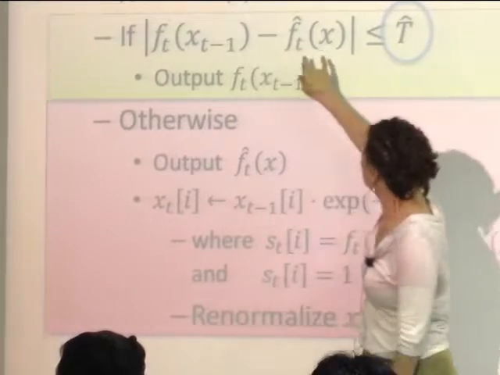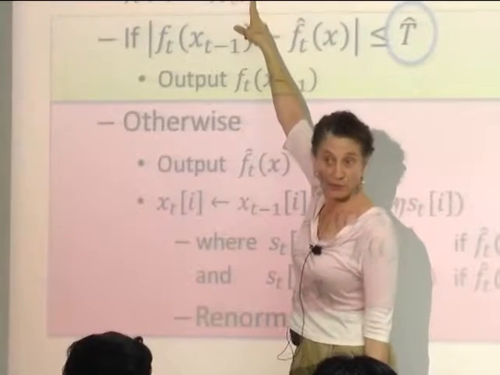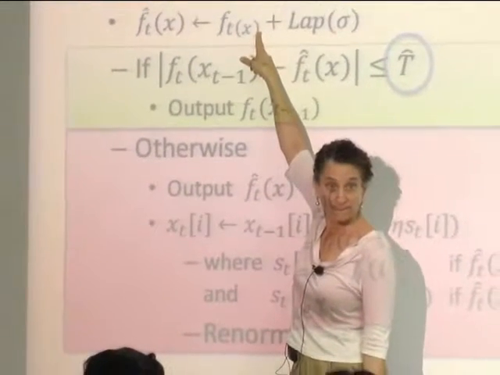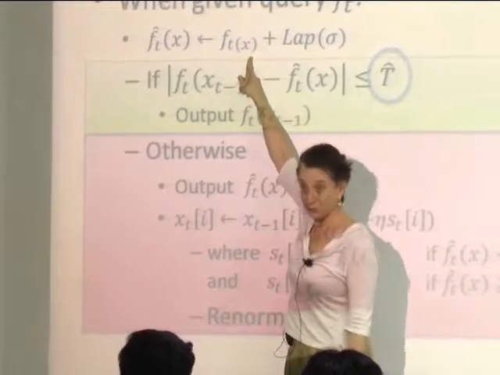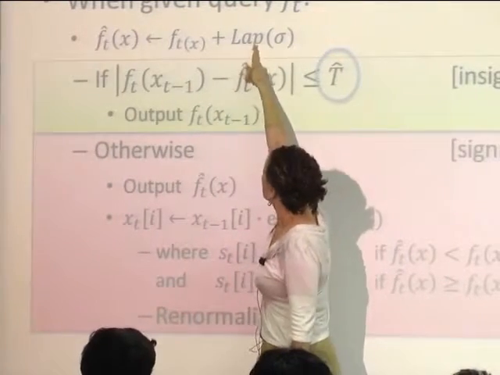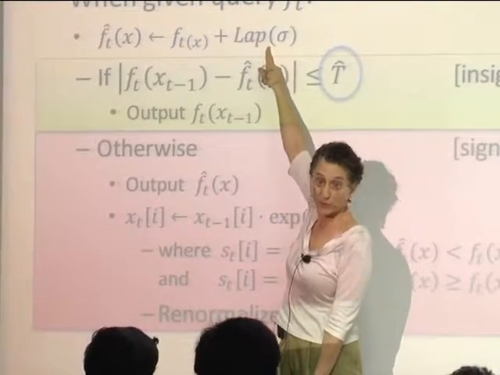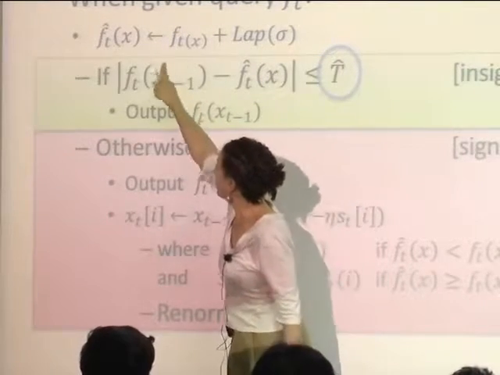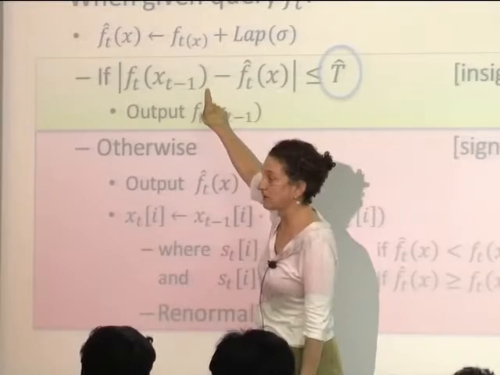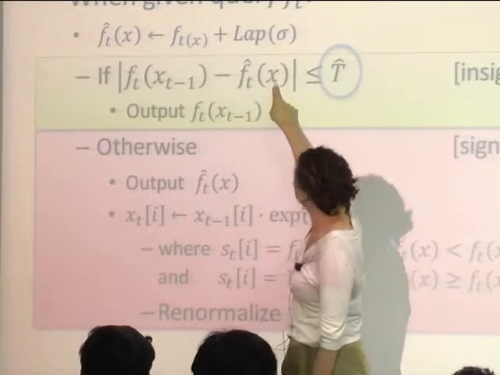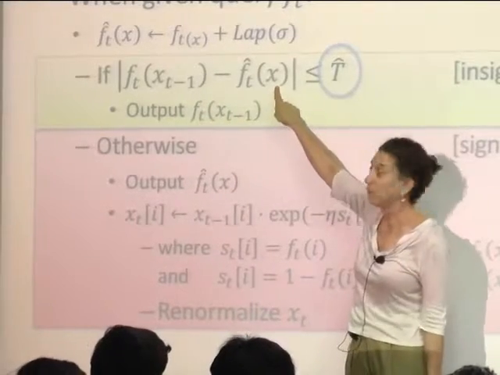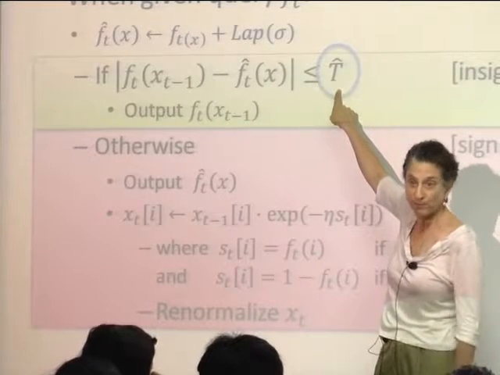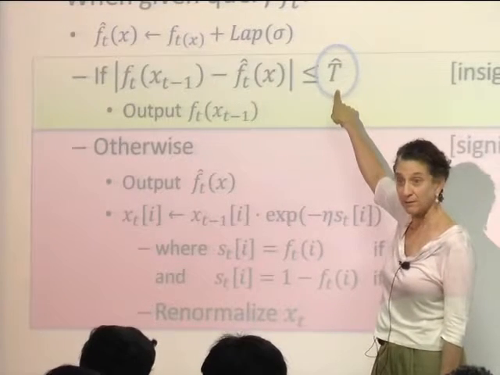Is it close to this approximation to truth? Right? ft of x is the truth. It's an approximation because we're adding some Laplace noise. And so the algorithm is checking to see whether this publicly computable estimate is close to the approximation, where close to is within some threshold t hat.